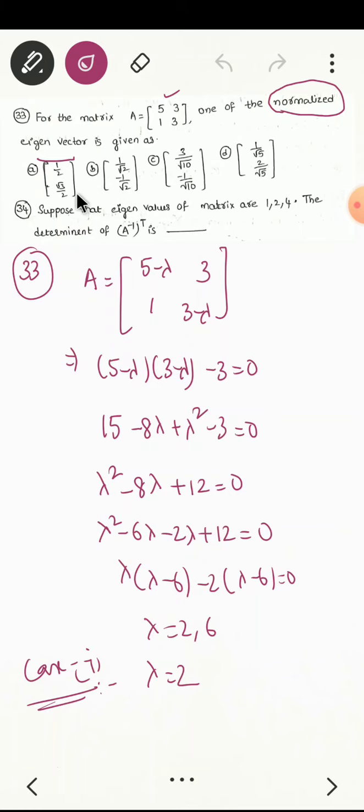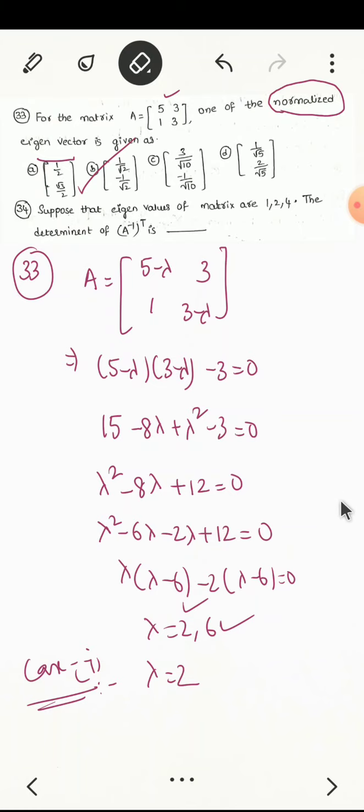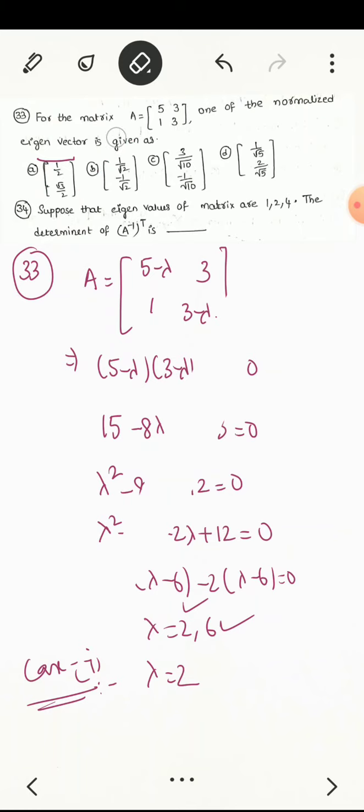Yes, we got it. So we got it at lambda equal to 2 itself. If you don't get it at lambda equal to 2, then check at lambda equal to 6 also. Then problem number 34. This is the last problem for eigenvectors. Then we will be starting the Cayley-Hamilton theorem next.